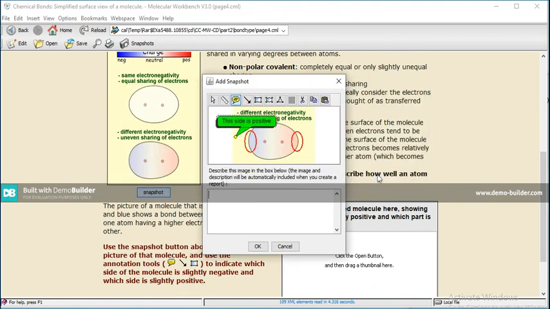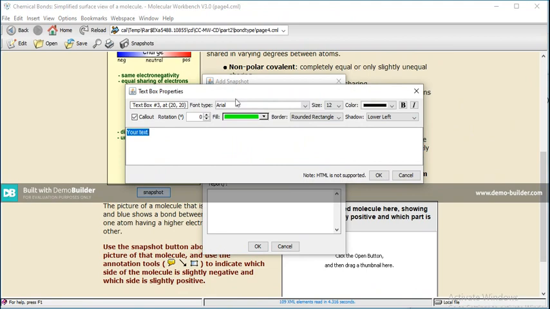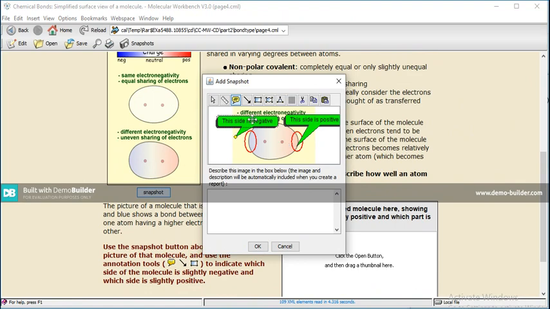You click OK, then you arrange. Okay, then you come here, you write this side is negative. Okay, then you adjust. Okay, then you click OK.